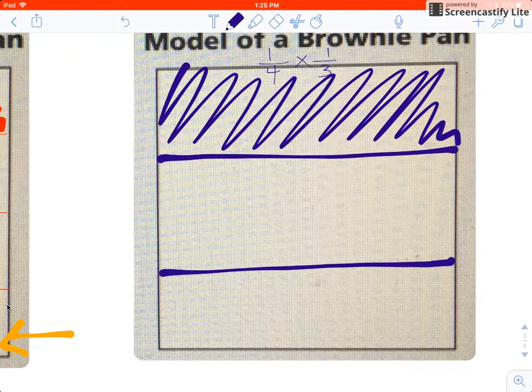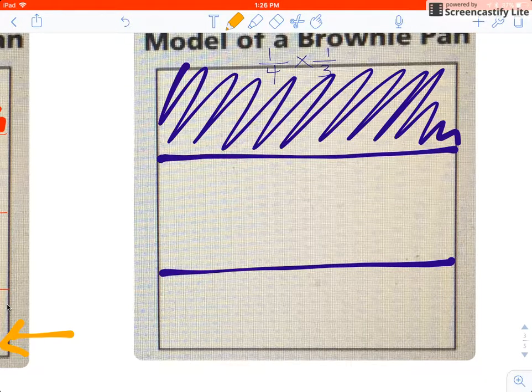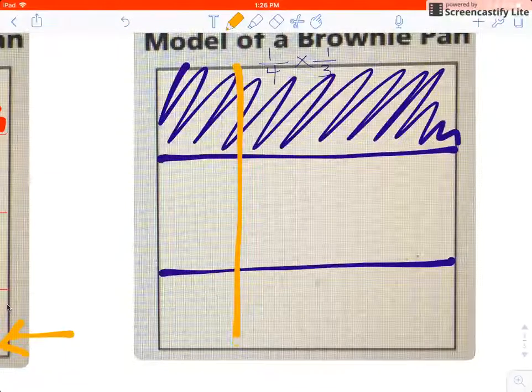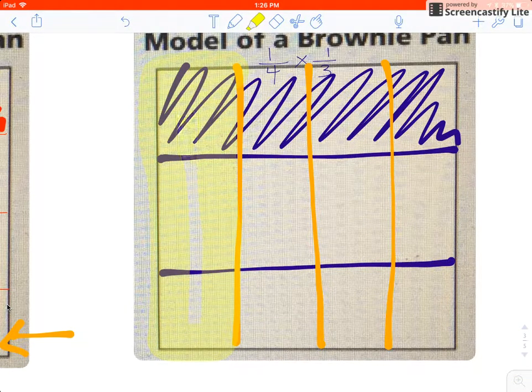That's all that's left right now. And then step 2 will be now to split it up into fourths. So here's 1/4, 2/4, 3/4, and 4/4. All right, so we're buying 1/4 of this pan of brownies, just this section right here.